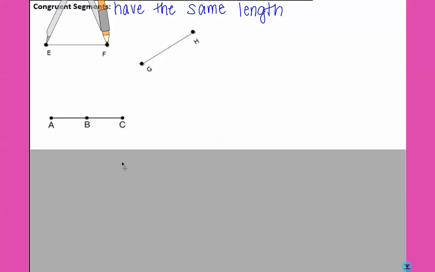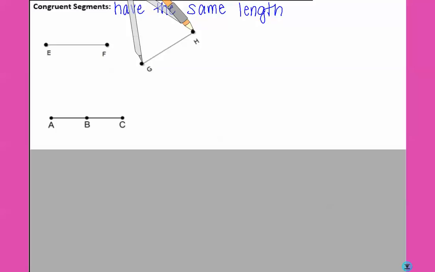If we take that and we don't change how far apart it is, if we just turn it, we can see that if we put the ends on GH, it's also the same length.